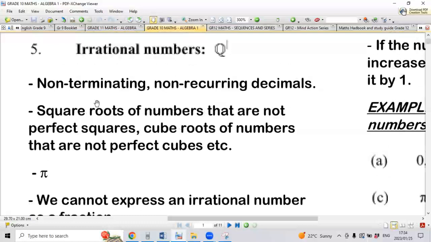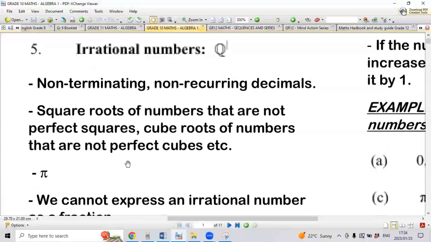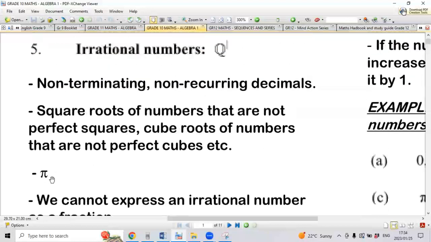Now, the square root or the even root of a negative number is going to be an irrational number. Now that is classified as a surd. A surd is an imperfect root. So if it's not a perfect root, then that's the definition of a surd. Another classic example of an irrational number is pi.